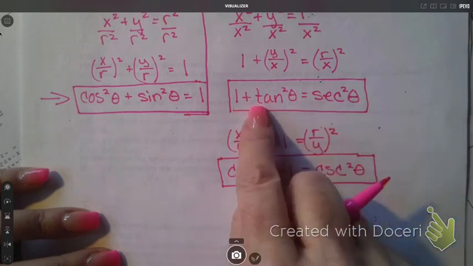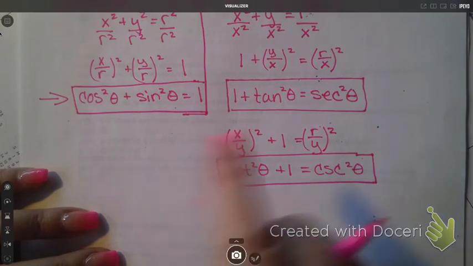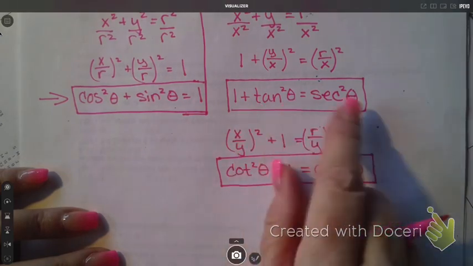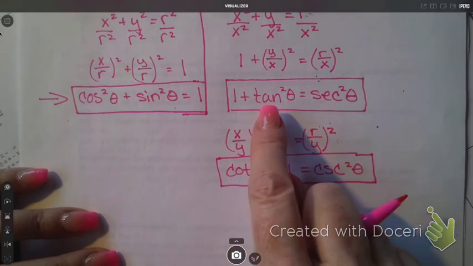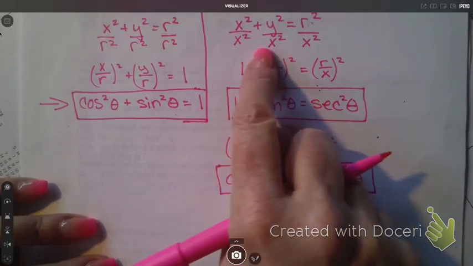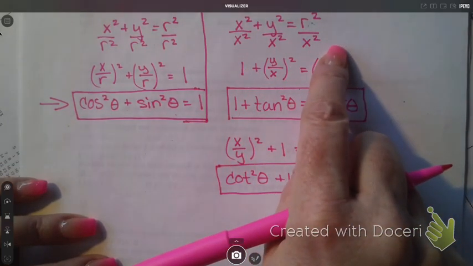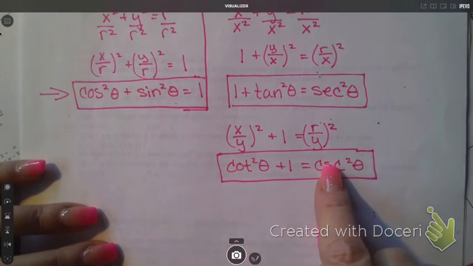That's how you're going to remember what goes with 1 plus tangent. Cosine's in the denominator, because that's what we did. Didn't we put cosine in the denominator? And then over here, sine is in the denominator.